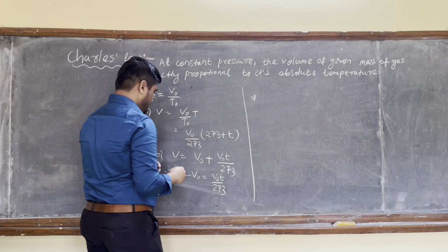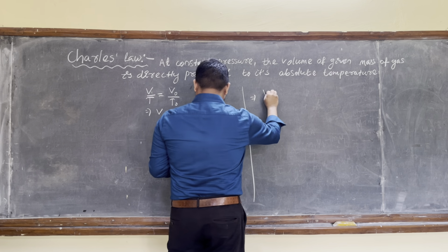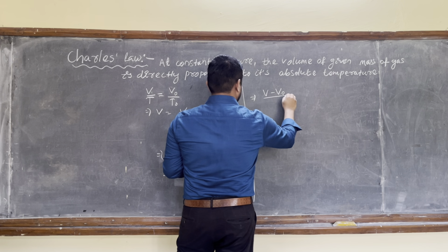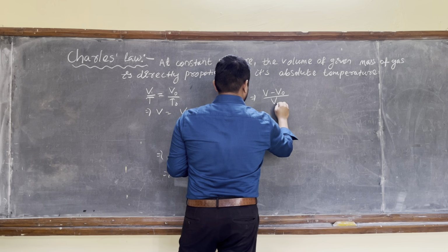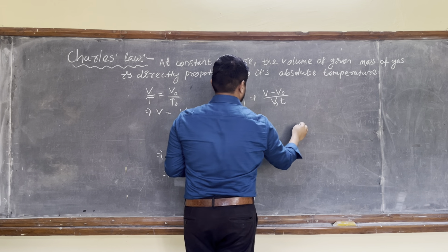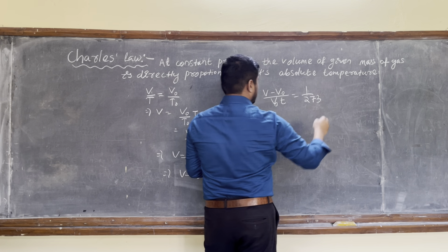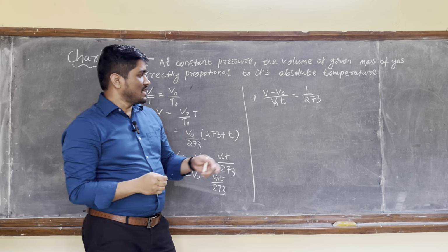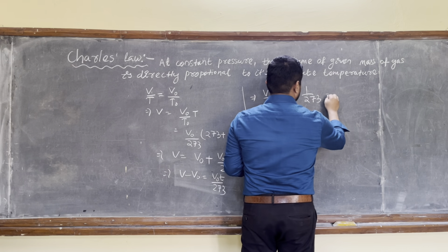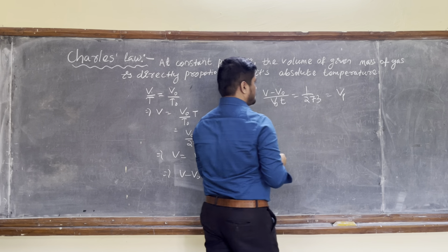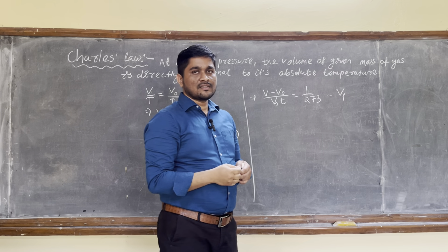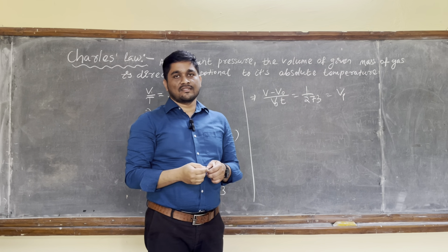That implies V minus V naught divided by V naught T will be 1 divided by 273, and this term is known as Vp, the volume of the gas at constant pressure.